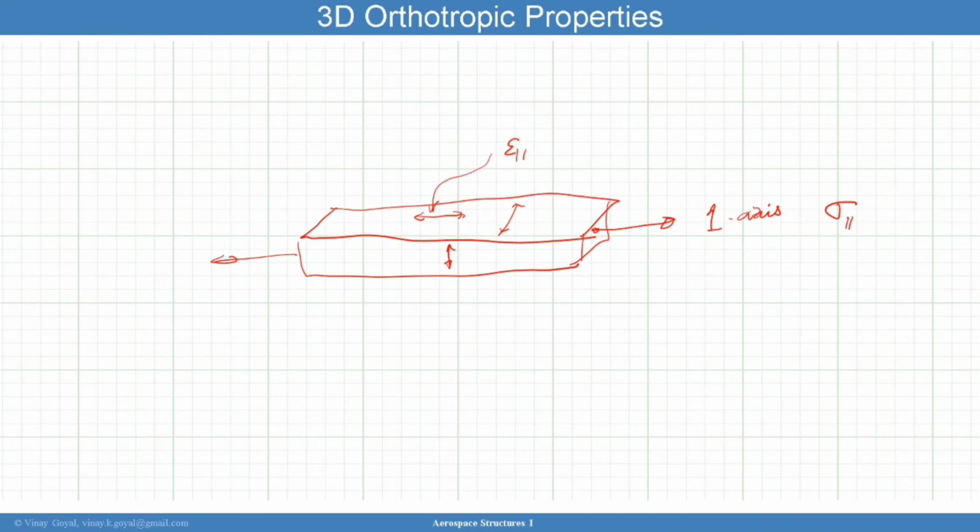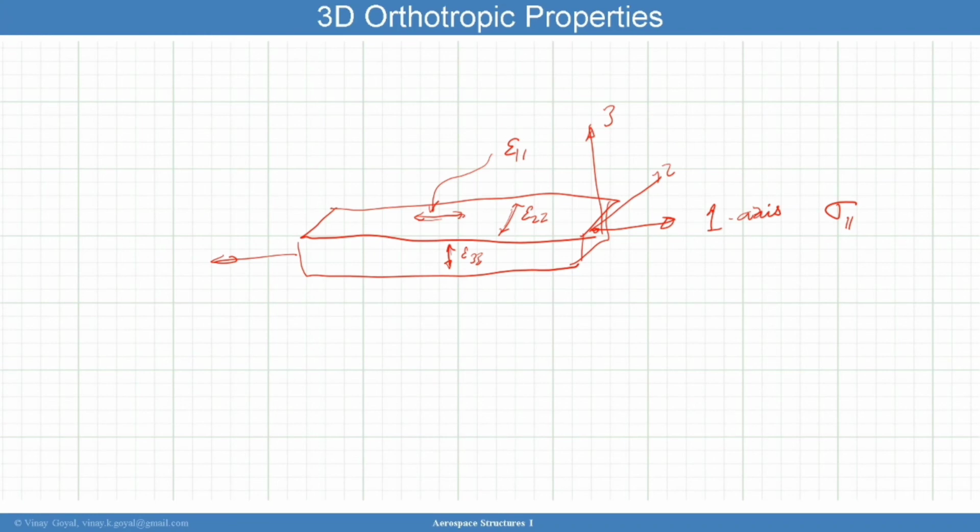This one here, if I finish my axis, that's 2 and that's 3. So this strain here is epsilon 2,2 and this is epsilon 3,3. And I'm going to strain gauge it in each of those directions to measure what's going on.